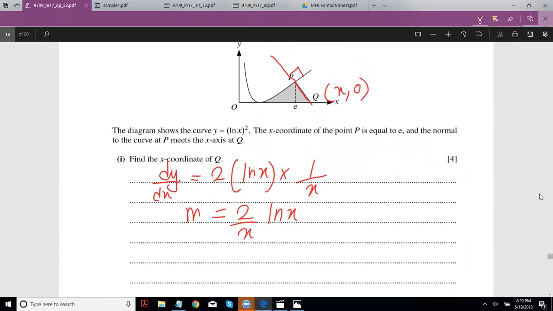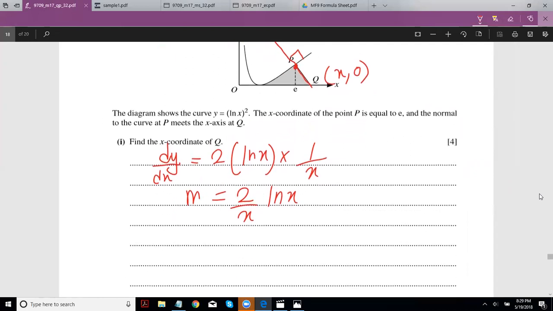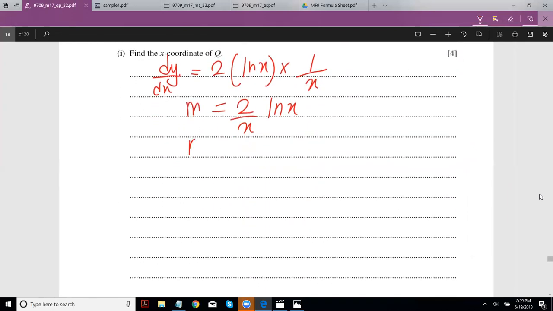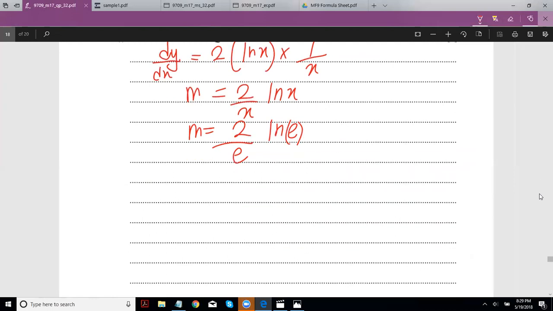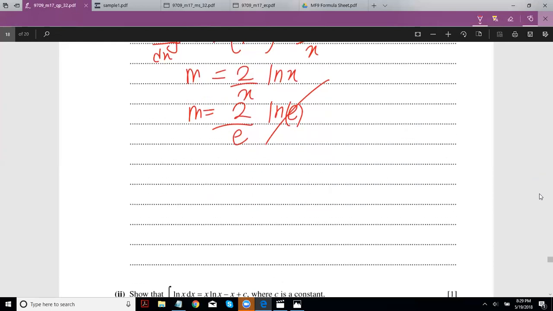Since you're trying to find the gradient at point P, where the x coordinate is e, you can really just put e in. What's the x coordinate there? That is e. So you can put that in. ln e is just 1, which gives you a gradient of 2 upon e.